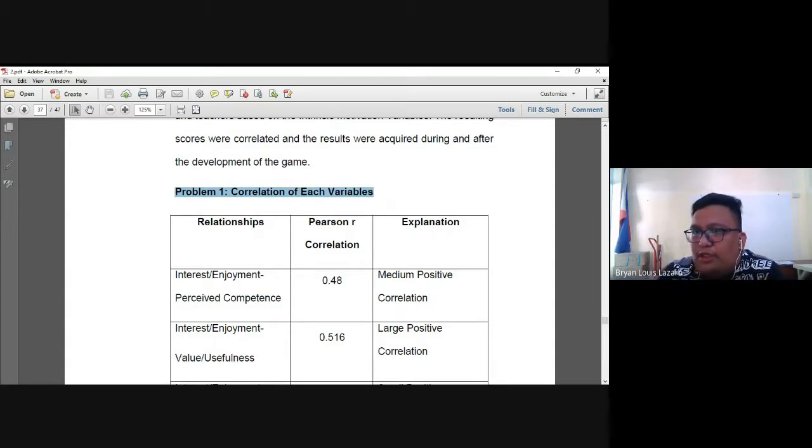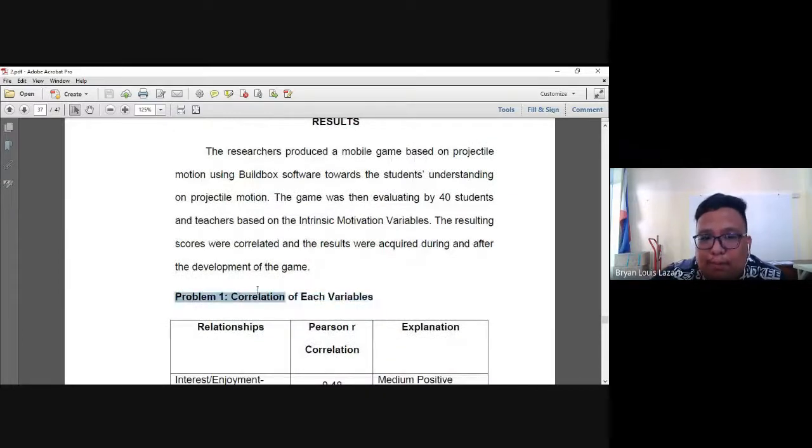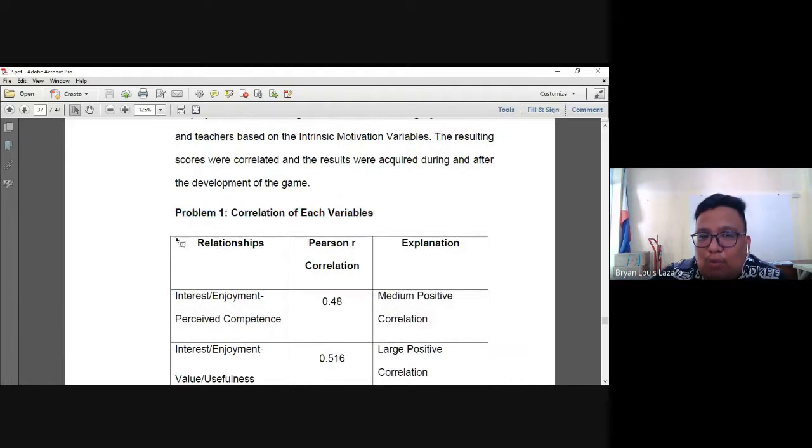Ito mga questions ito ay para sa problem number 1. Ito mga questions ito ay para sa problem number 2. So kapag ginawa niyo siya sa chapter number 3, ganun din. So, halimbawa, problem number 1, that's the first title. Tapos, table 1. Yung table 1 will show the first question of your questionnaire pertaining to problem number 1.